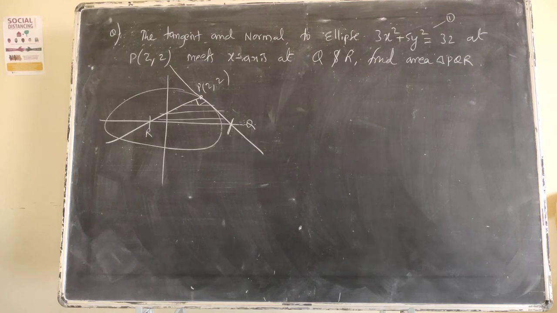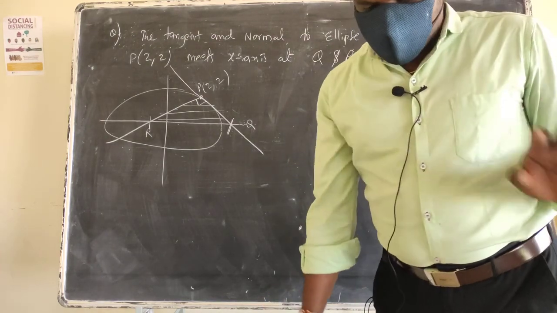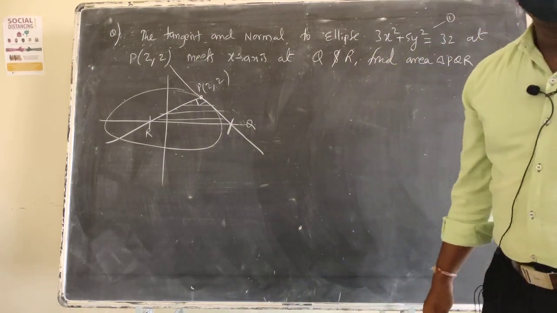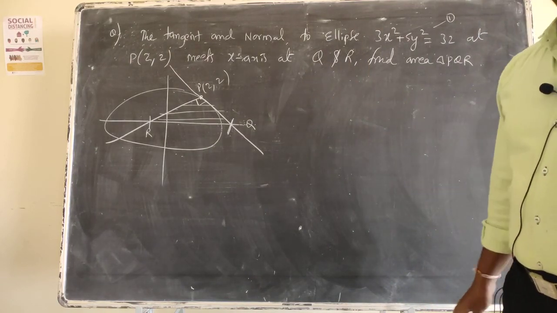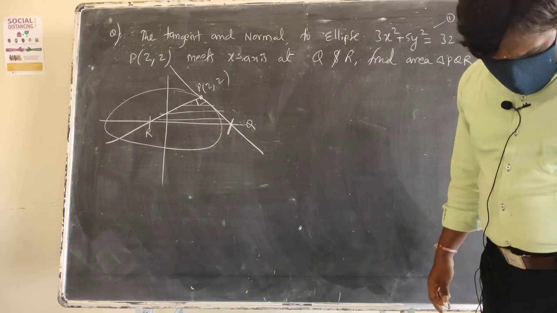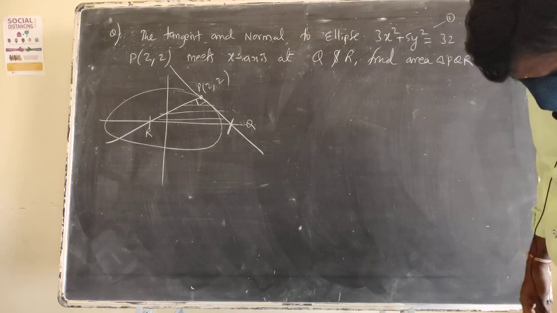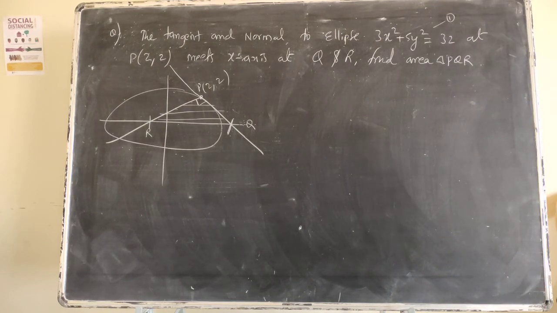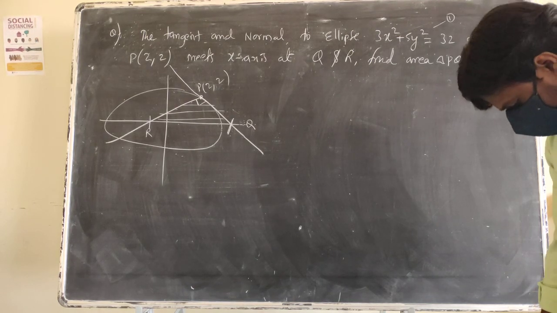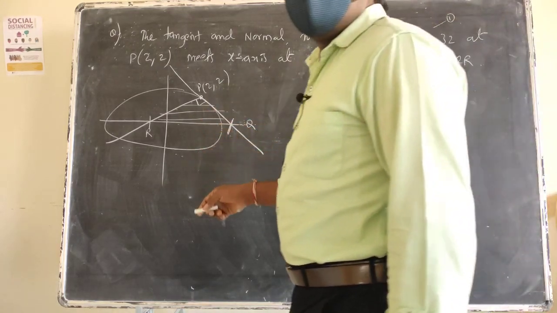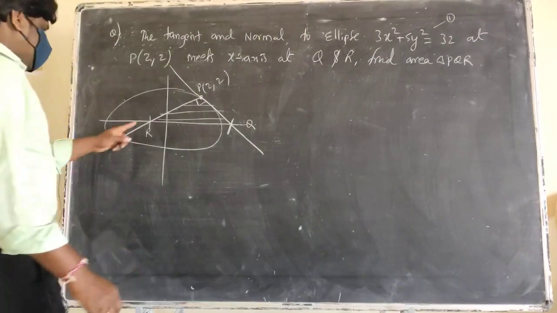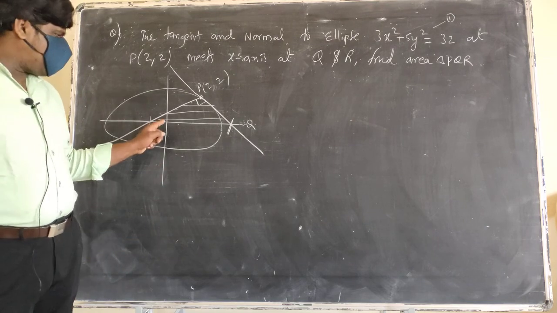Then the answer is easy. First, our aim is to understand the question. So this is the ellipse, and at the point P(2, 2) we have drawn one tangent, which intersects the x-axis at point Q. From the same point we have drawn the normal, which intersects the x-axis at point R. Don't draw it at the origin.